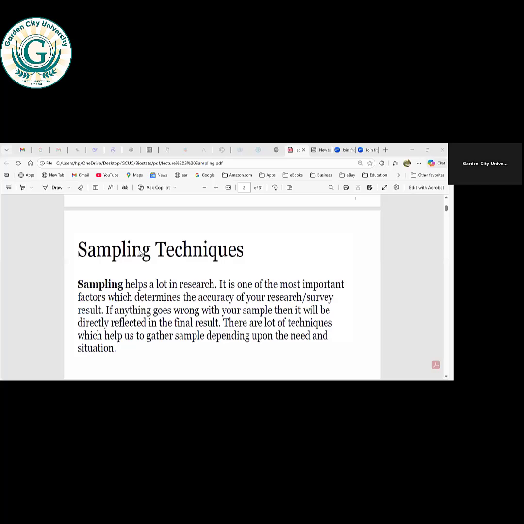Okay, so it means that you have to get your sample, and we said that the sample should be a true reflection of the population, meaning that the sample must be large enough to represent the population.